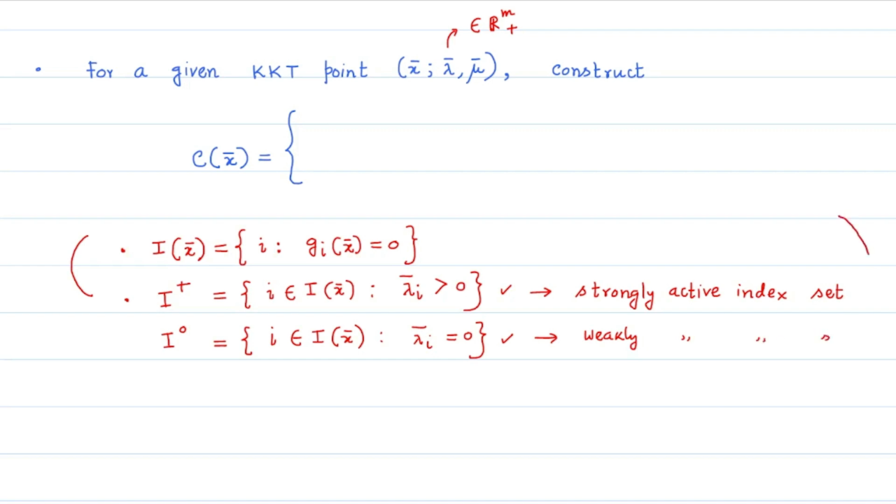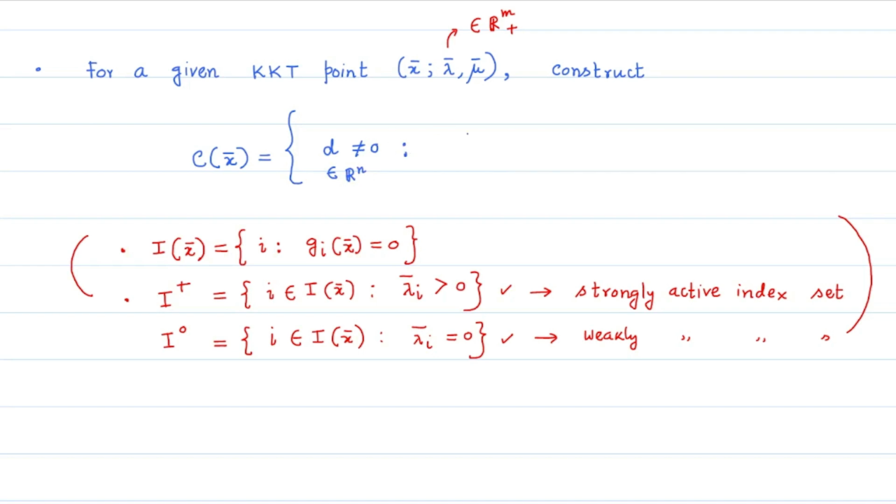Now, after constructing this I plus and I naught, the set of these spatial directions at the point x bar, we denote by C(x bar), as the set of all non-null directions in the n-dimensional Euclidean space R^n in which the variable vector x is lying.